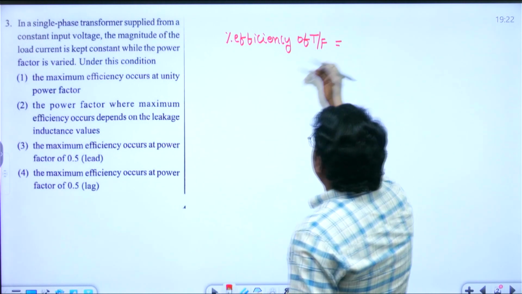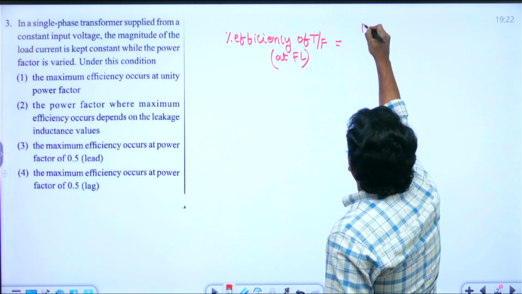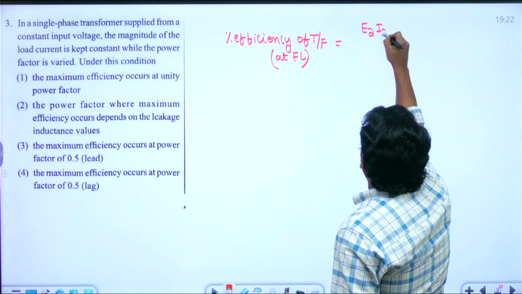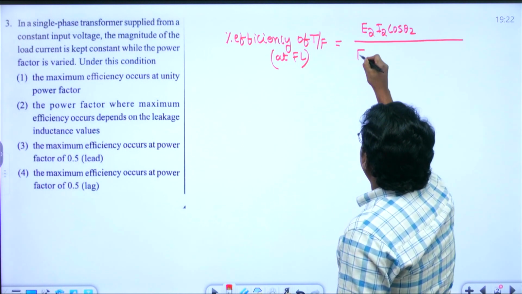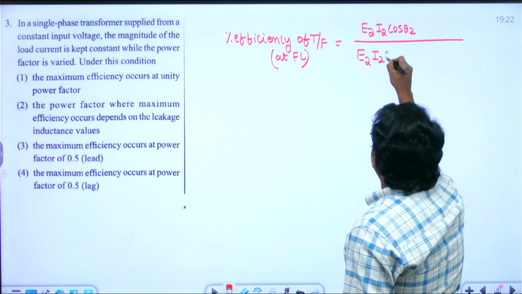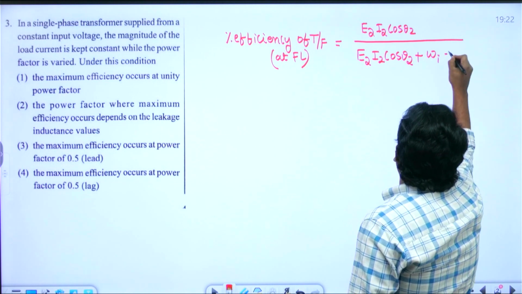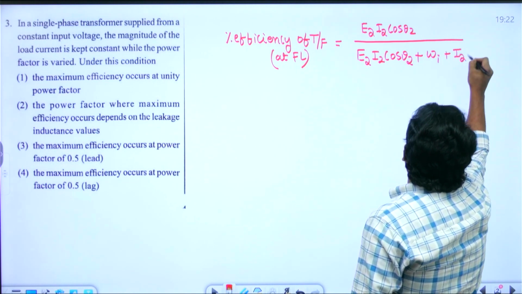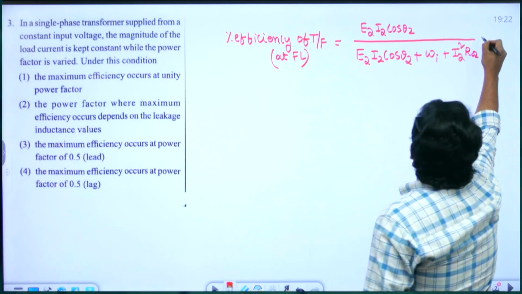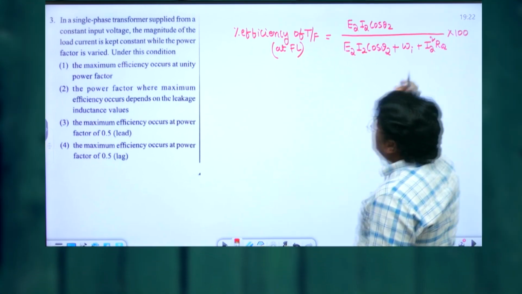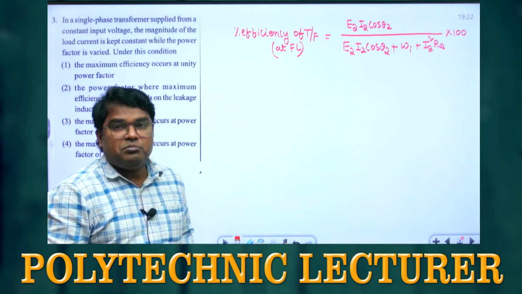At full load, the output power is I2 cos theta 2, divided by output power I2 cos theta 2 plus iron losses Wi and the full load copper losses I2 square R02, multiplied by 100. This is the general formula to find the efficiency of the transformer.